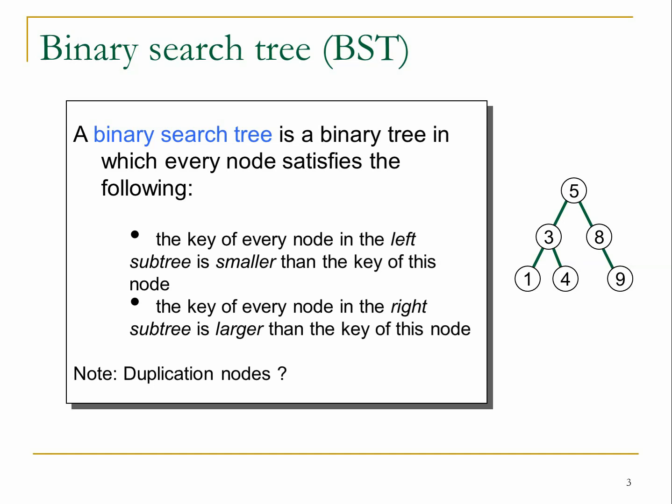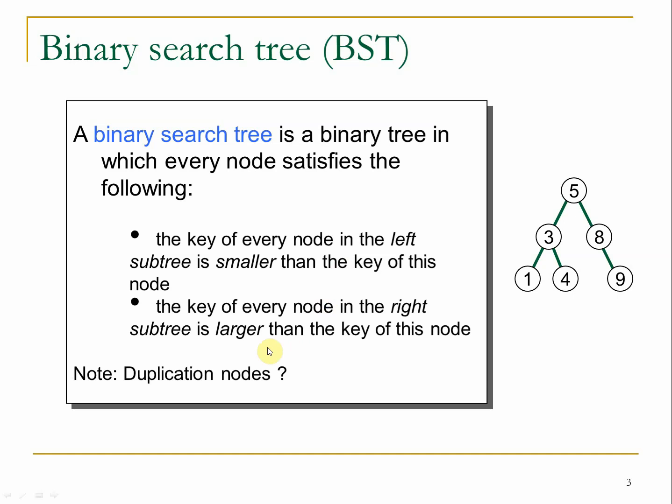And by doing so, we do not need to worry about when two values are equal. Of course, we can take care of the situation if there is a duplication.